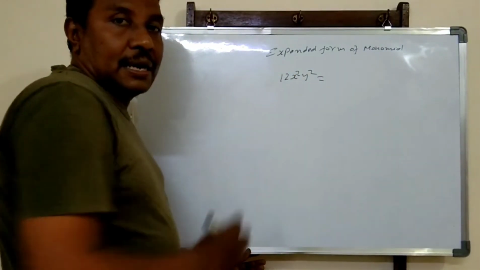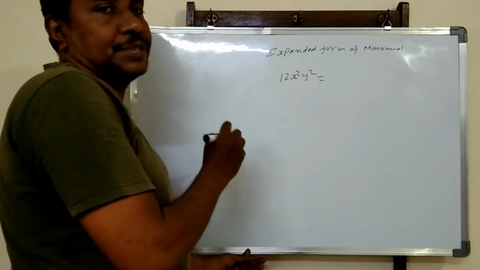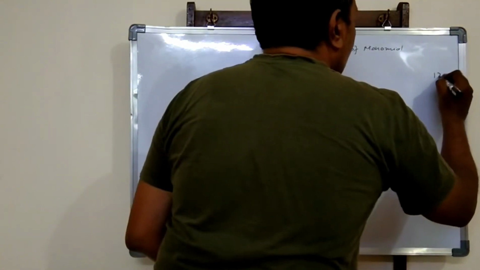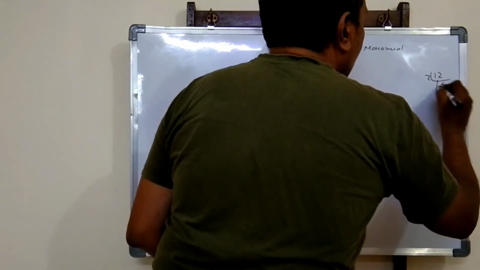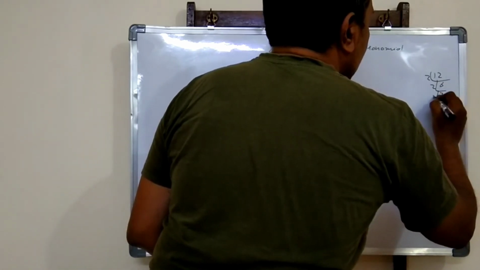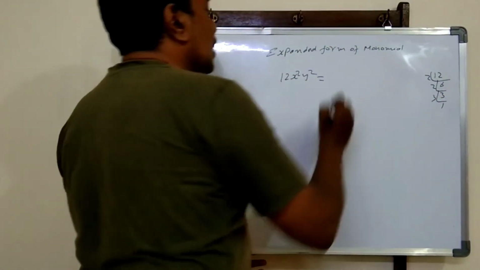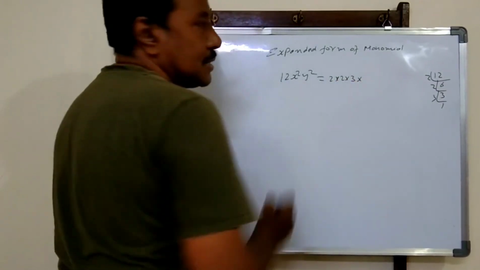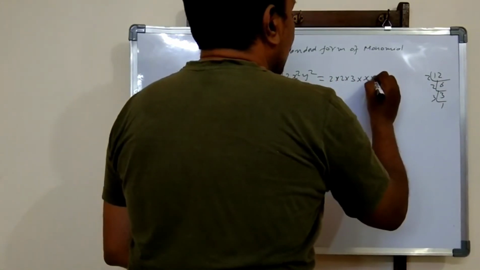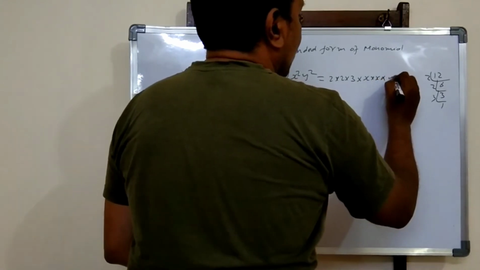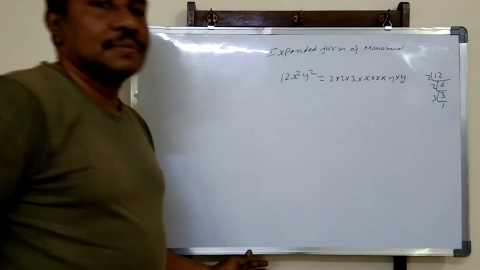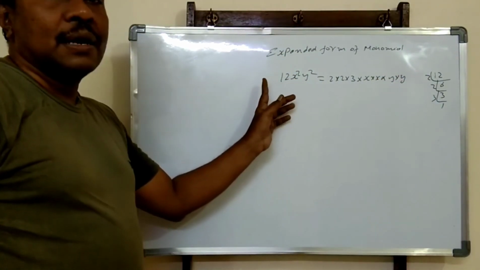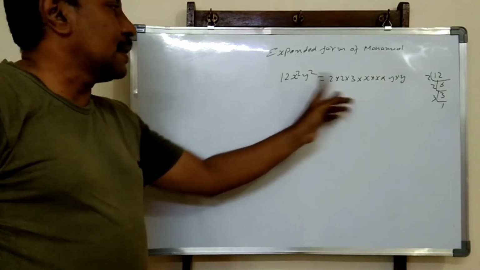Factorize the numerical coefficient. 12: 2 sixes are 12, 2 threes are 6, 3 ones are 3. So 2 into 3 into x square, x into x into y square, y into y.